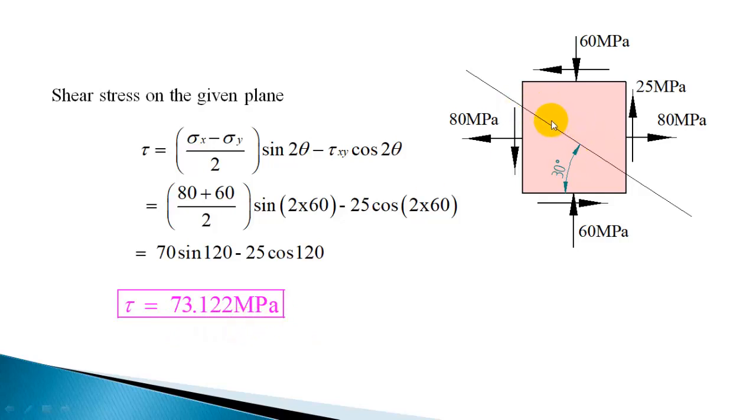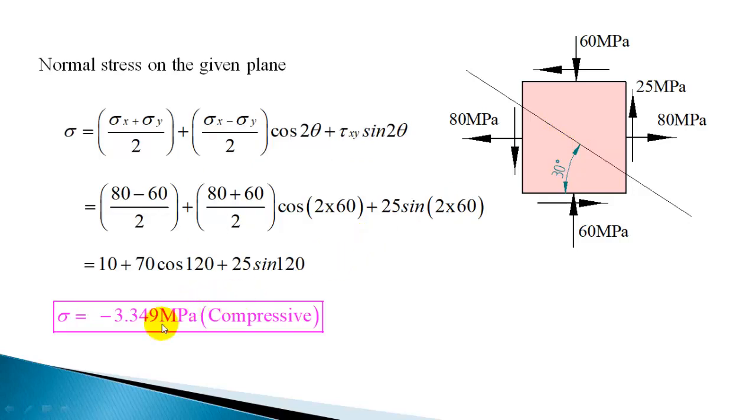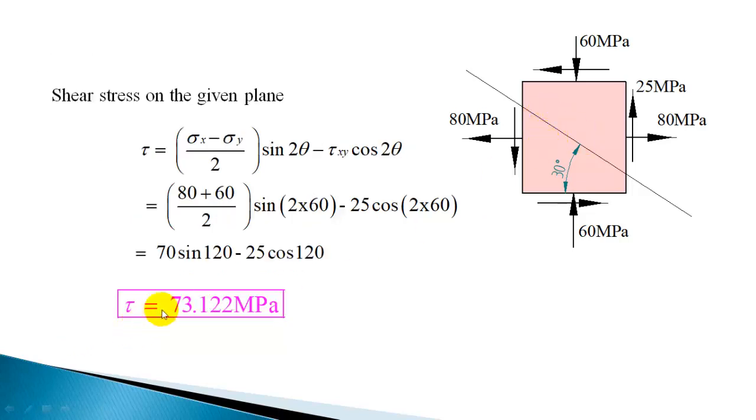So on this plane the shear stress is more, so there is more tendency for the material to shear along this plane, but the normal stress is compressive and small, 3.349 megapascal, normal to this plane. But you have a large amount of shear stress on this plane, 73.122. We don't know if this is the maximum shear stress, because we only arbitrarily checked the plane.